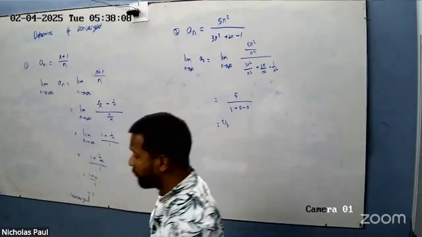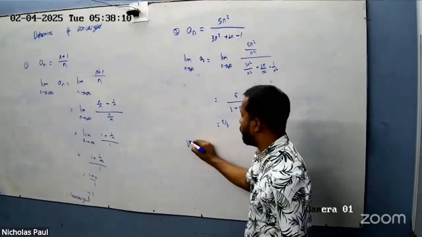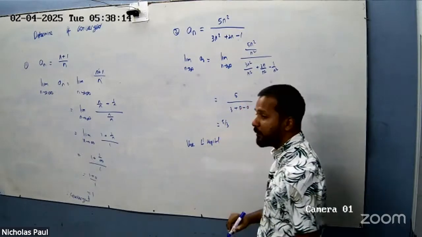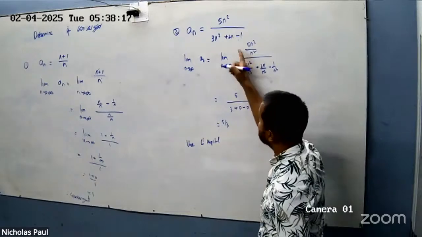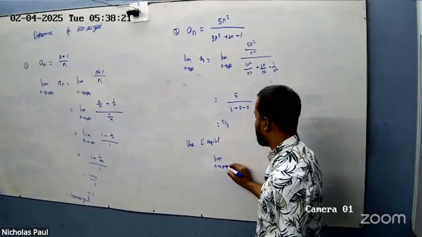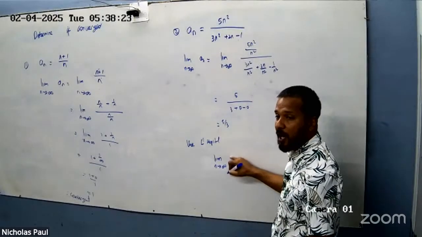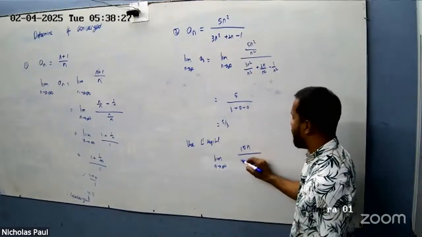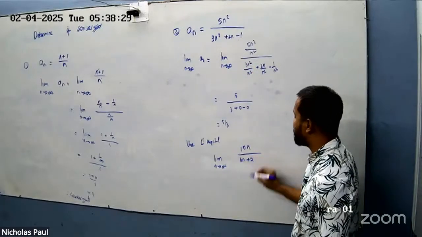If you say using L'Hopital, we can use L'Hopital now. If you use L'Hopital and simplify it, here's how it works. You differentiate the top, you'll get 10n. Differentiate underneath, you'll get 6n plus 2.